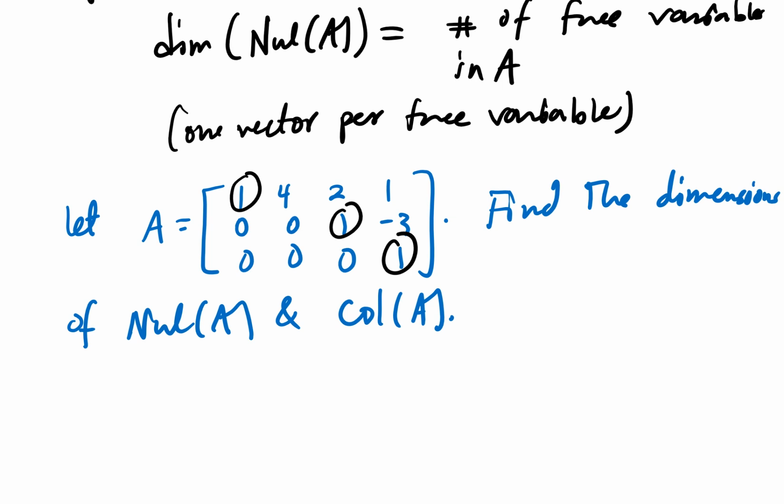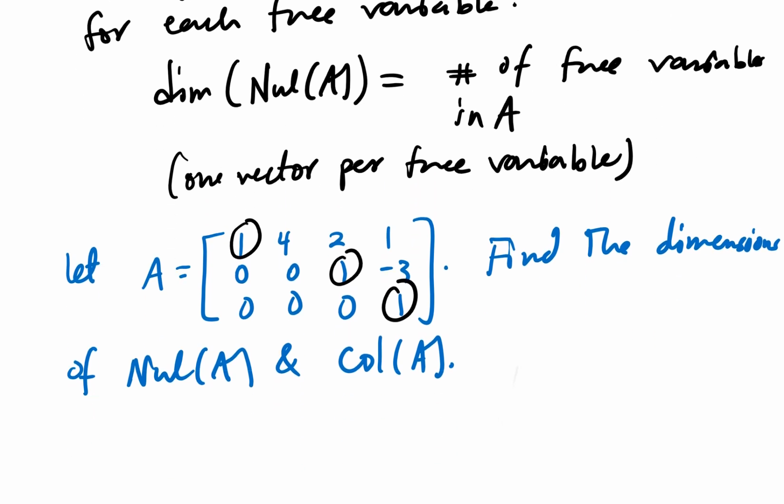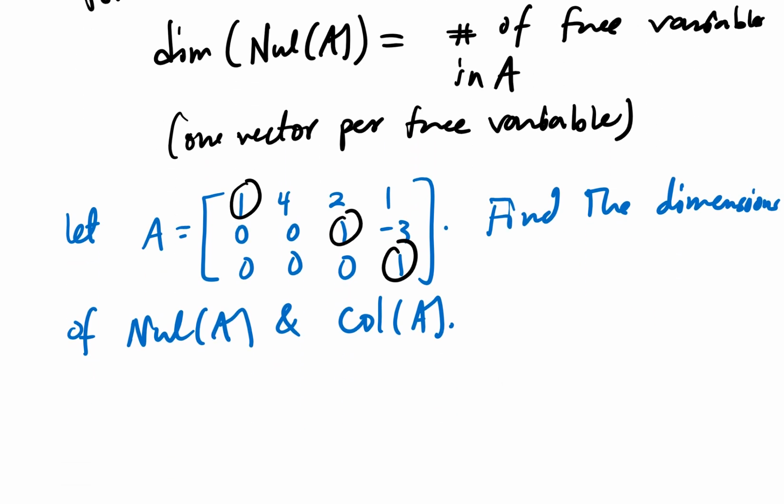So we have those 3 pivots, as you can see. So here we have 3 pivot columns, right? And this tells you what? This is a free variable here.